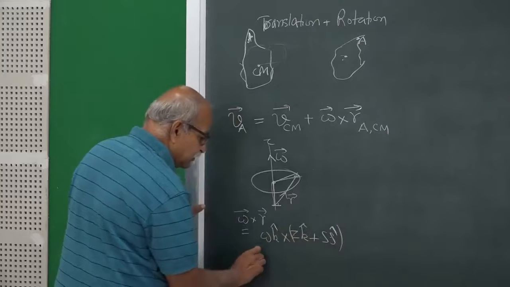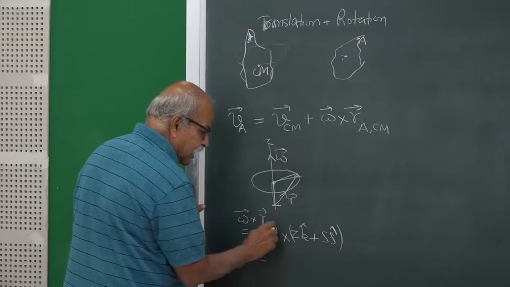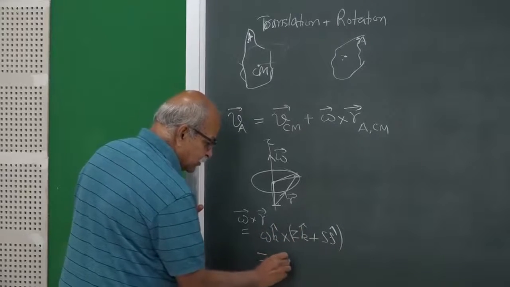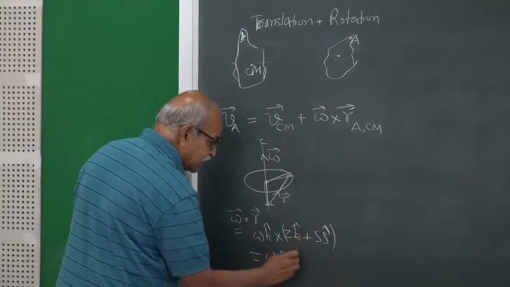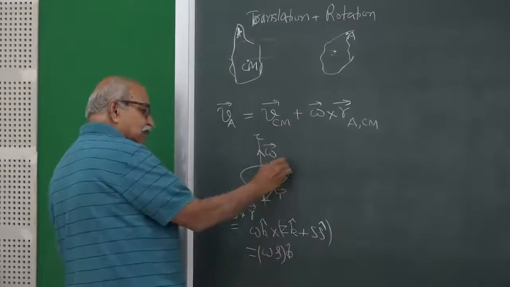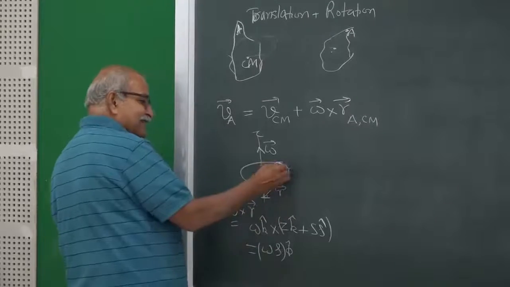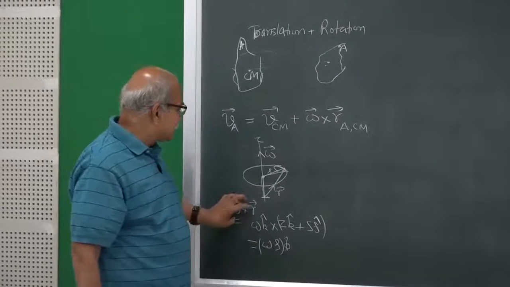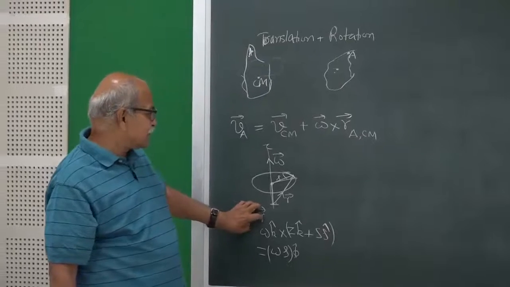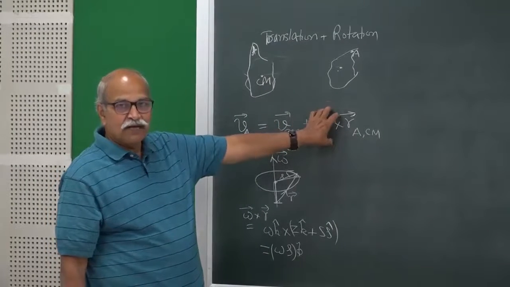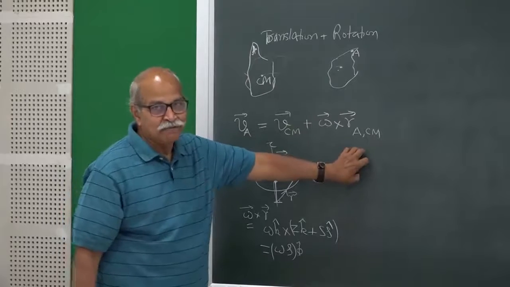When you do k cap cross k cap, it is 0, and you have omega times s in the phi cap direction, and therefore omega times s is the velocity and phi cap is the direction. So, it correctly gives the direction as well as the magnitude. So, this gives you the translation part, and this gives you the rotation part about the center of mass.